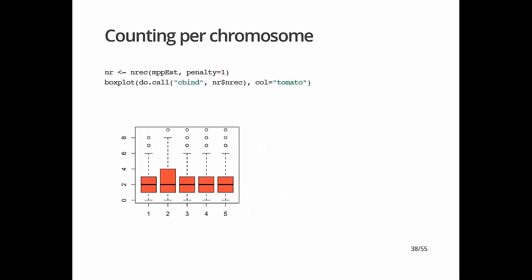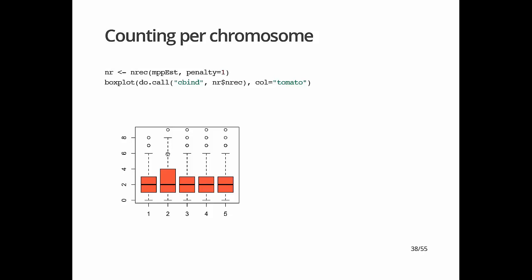Now, you can also count per chromosome. This is the results for the estimated map with a penalty of 1 in this case. You would pretty much expect, if your chromosomes are the same length, to get very similar numbers of recombination events. And that was what we saw.